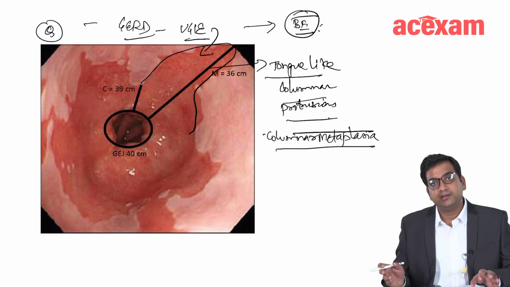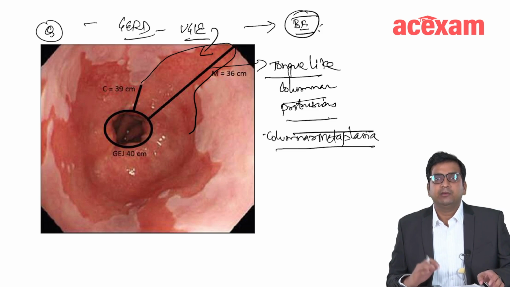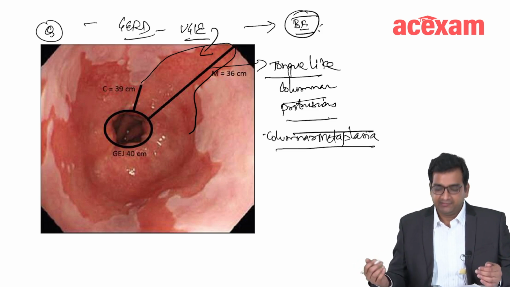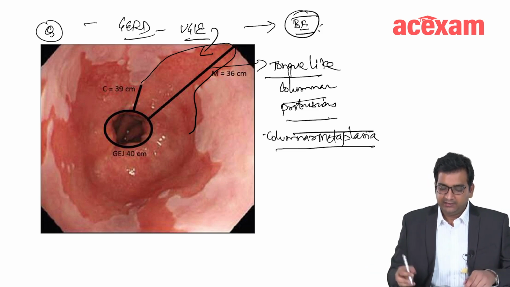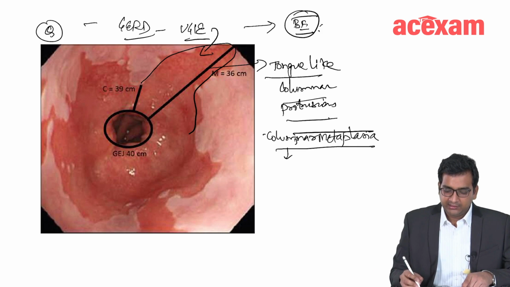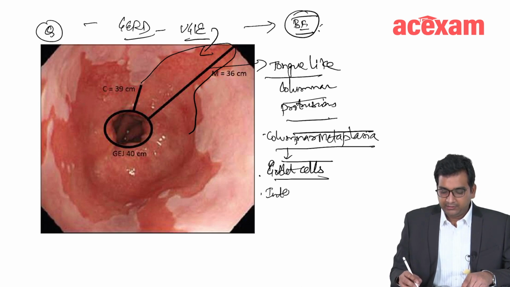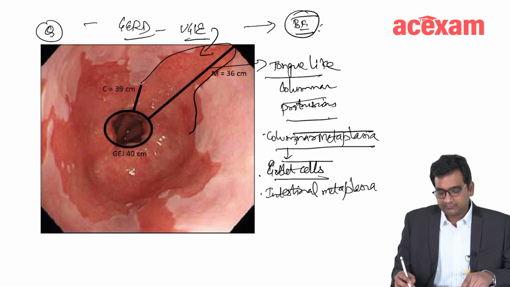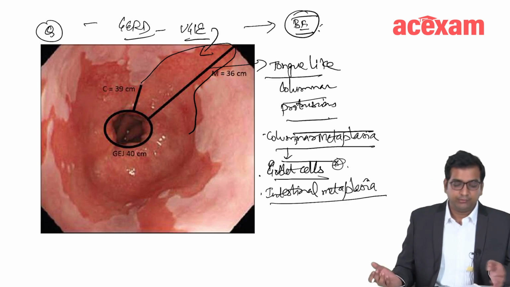Normally, the normal esophagus is having non-keratinized squamous epithelium, but due to this chronic reflux, it develops columnar metaplasia. The interesting finding along with these columnar cells is the presence of goblet cells. Okay, and that is why it is also known as intestinal metaplasia. Normally the goblet cells are present in the intestine or the small intestine.